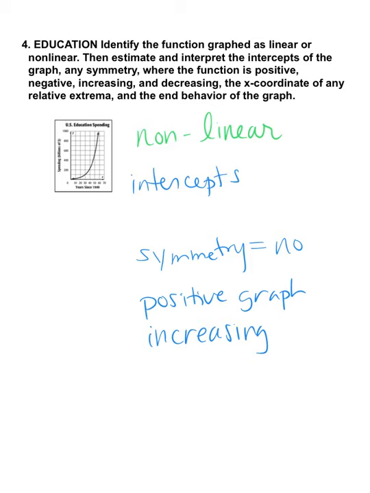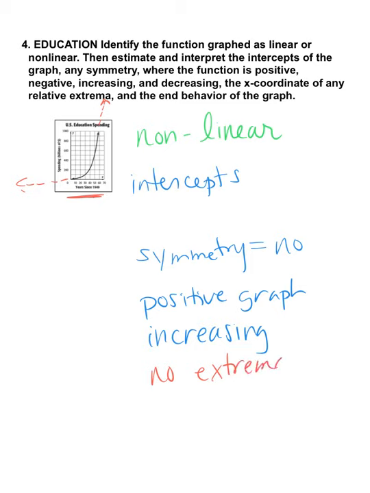Is there any relative extrema? Are there any high points or low points that you can see? Oh, yes. But can you see them yet? No, not really, because they really just keep going straight. But the low is where it started. So that's not one. So really no extrema.